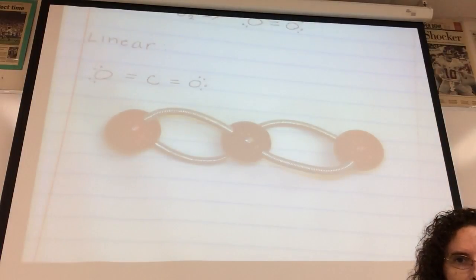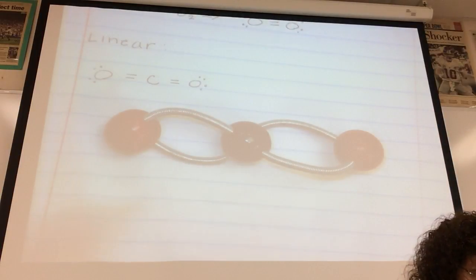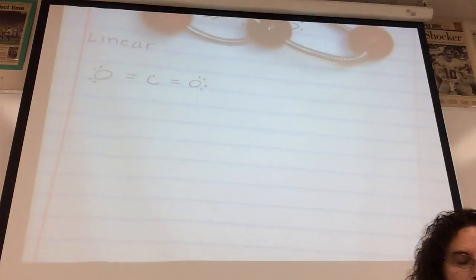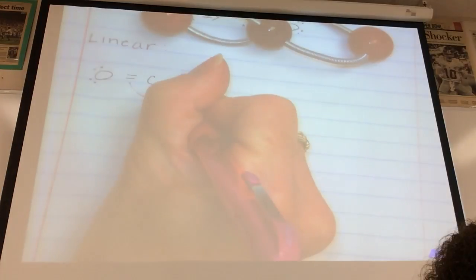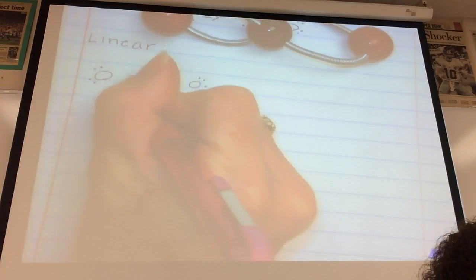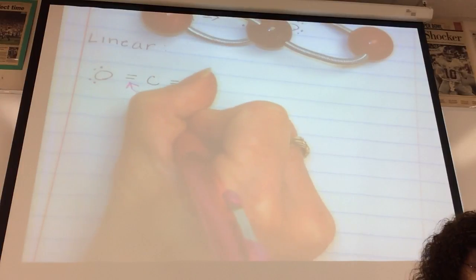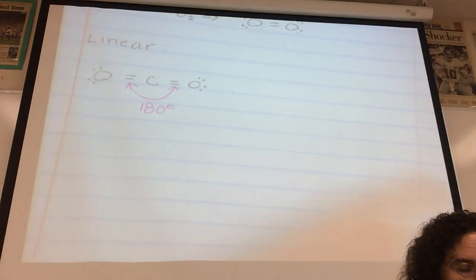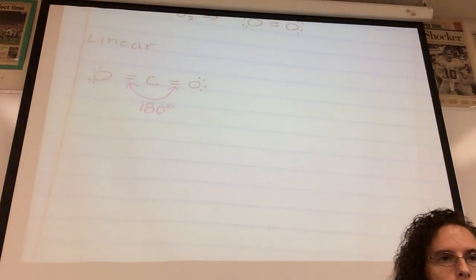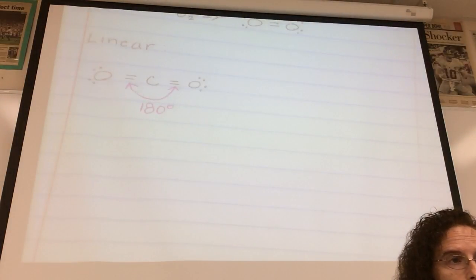You can see that here, the atoms are in a straight line, and we say that the shape is linear, and the bond angle here, as if you had supplementary angles, is 180 degrees. Anytime you have a triple bond, you've got to have a linear central atom.